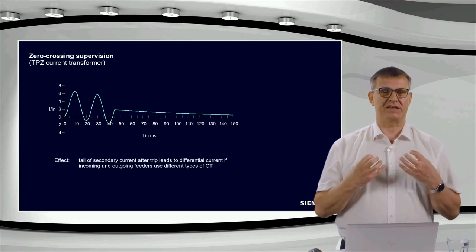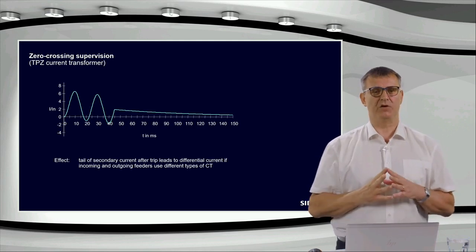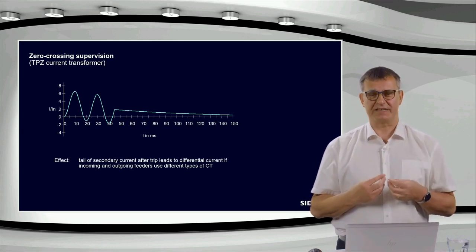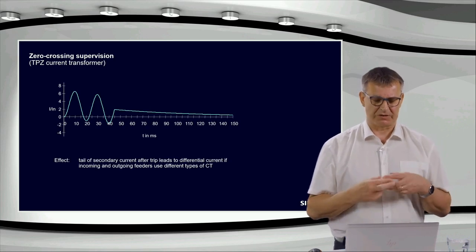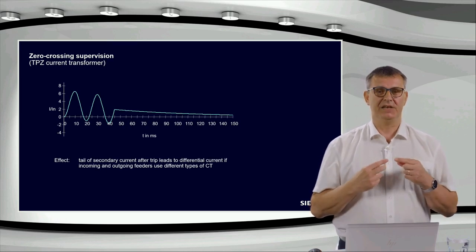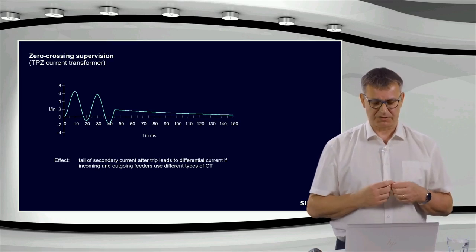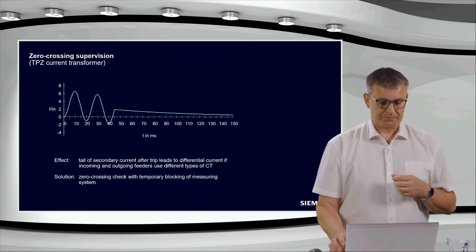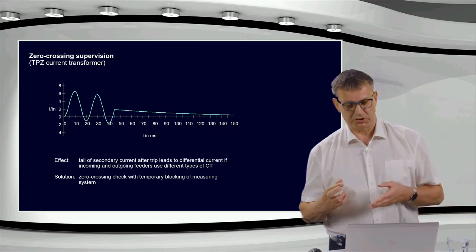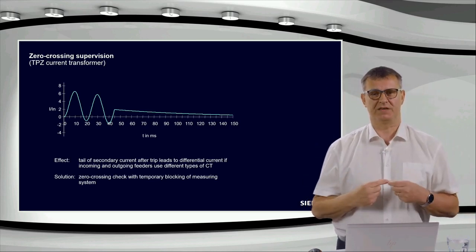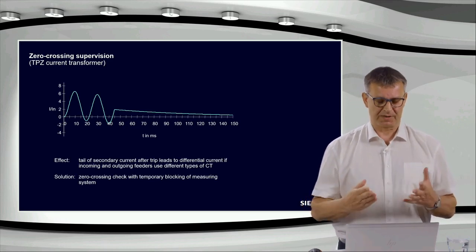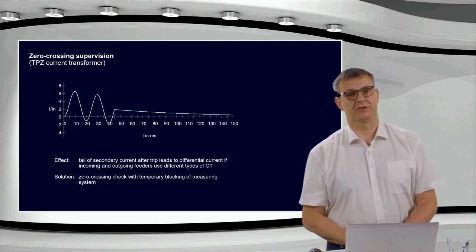This tail of secondary current, which is a DC offset, is only in the secondary. It's not really a primary current which can be detected. You can only see it in the secondary current of the CT, and this can lead to a wrong tripping of our busbar differential protection. Therefore, we have this zero crossing supervision, which temporarily blocks the busbar differential protection to avoid a wrong tripping in case of such a tail of a secondary current.